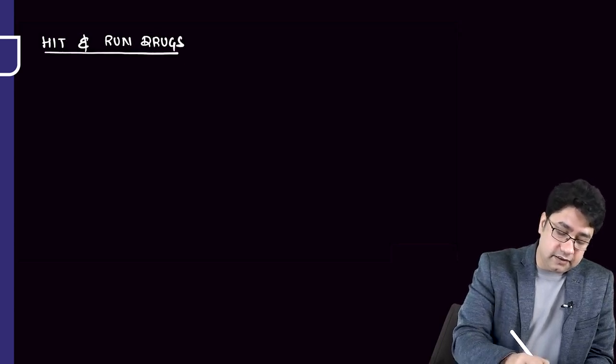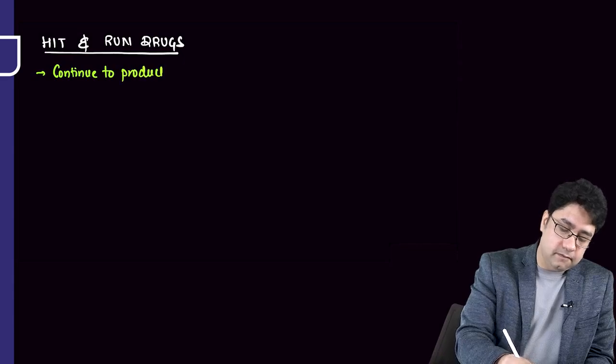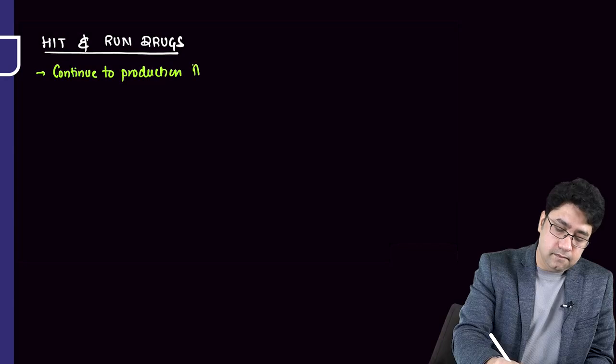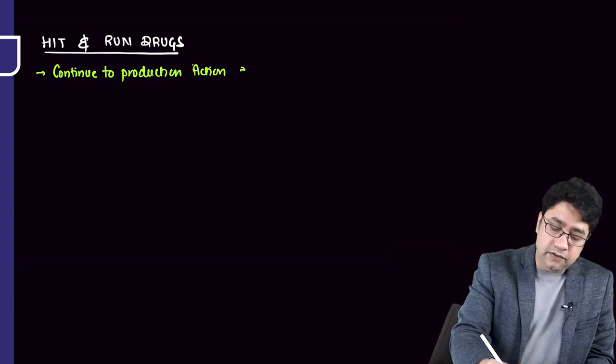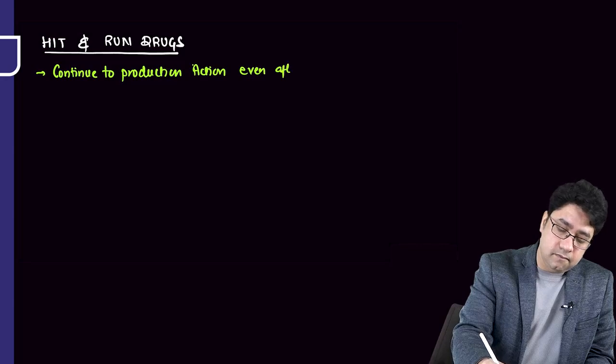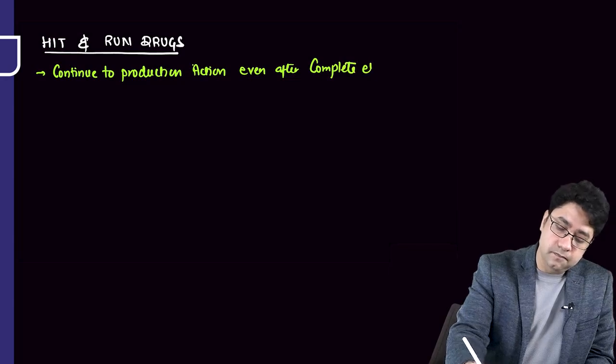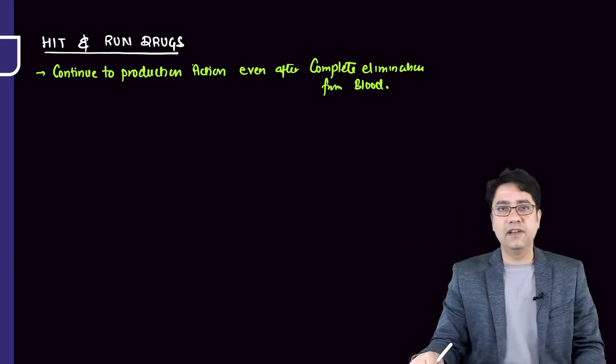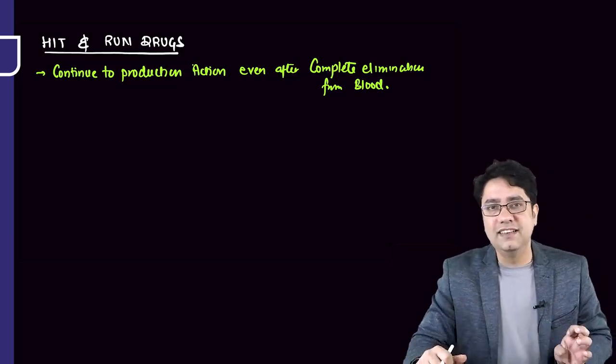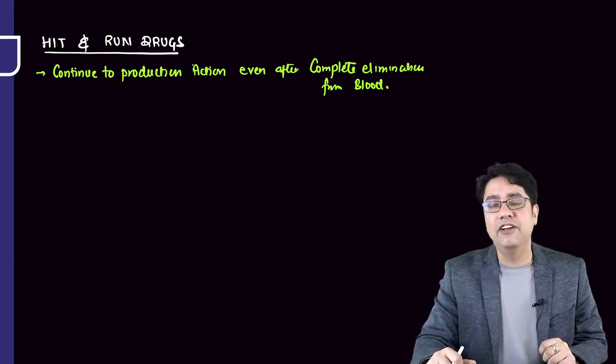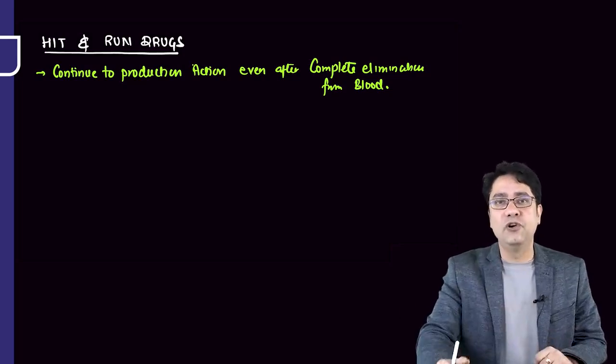Hit and run drugs continue to produce action in our body even after complete elimination from blood or plasma. So even if their concentration falls by more than 95%, they continue to produce effect.